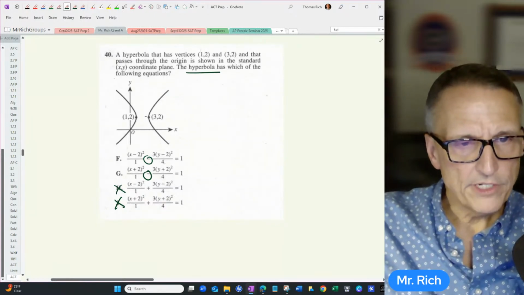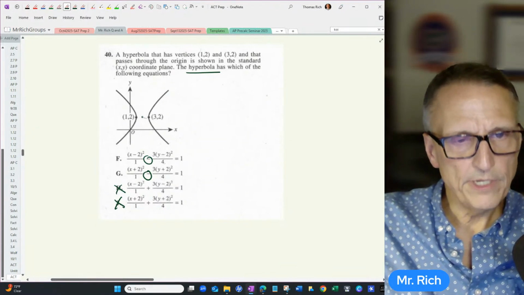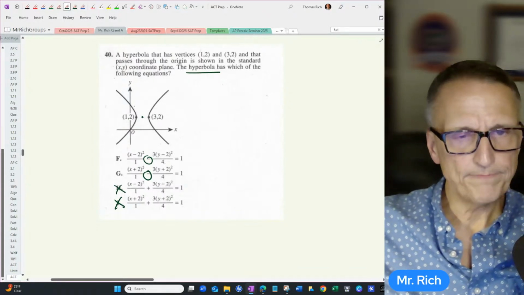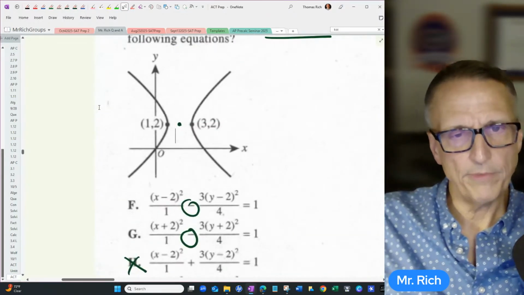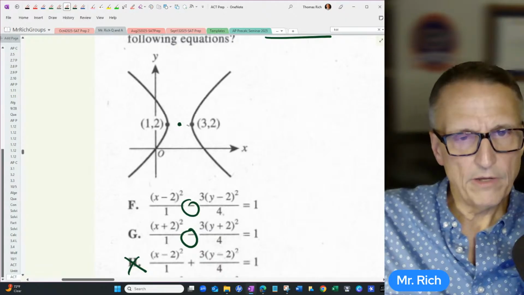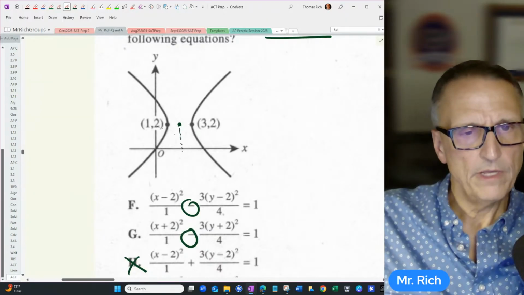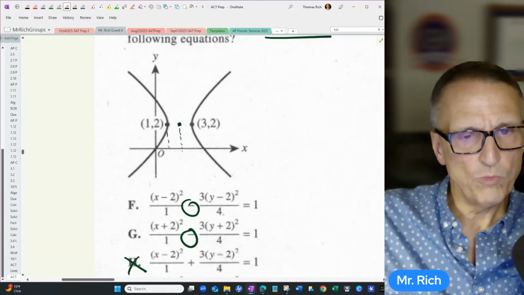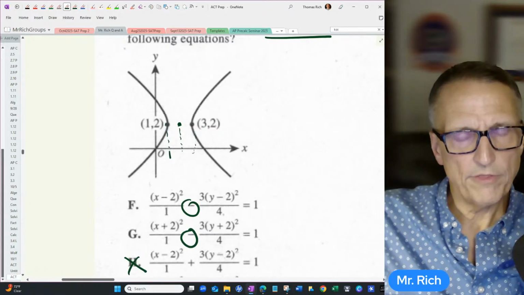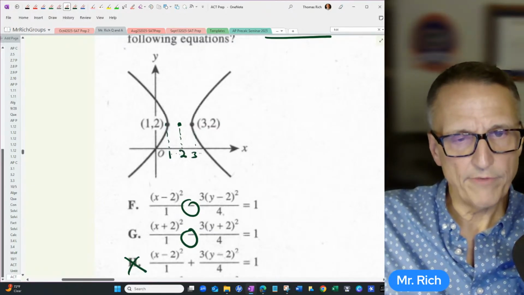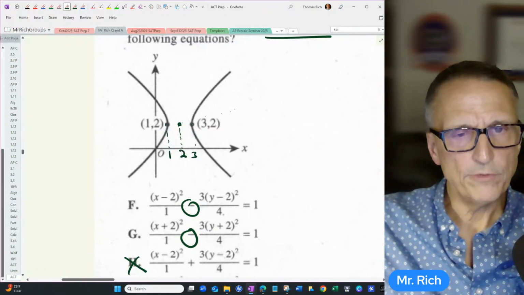Now, the center of a hyperbola is going to be the halfway point between those 2 points that we call the vertices. And you can tell that this point right here is x equals 1. This is x equals 3. So this is x equals 2, halfway between those, with a y of 2.